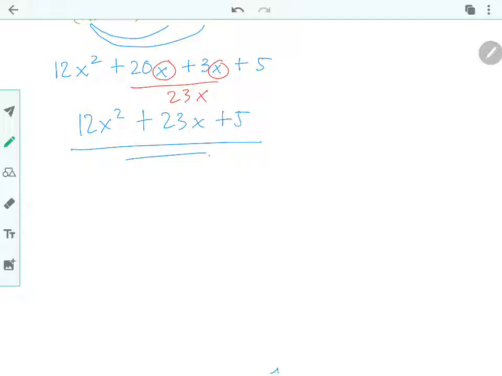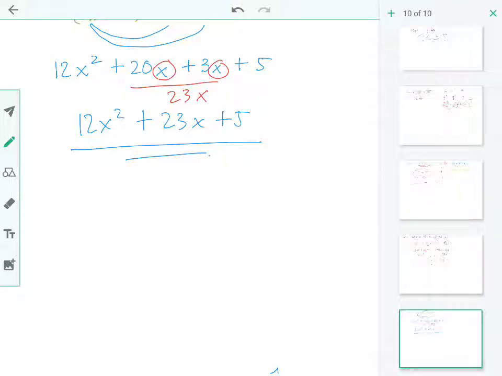Okay, now you can pause the video and look at the question again if you need some time to rethink about it. Before we go to the intermediate level, please make sure that we already understand the basic level. Okay, let's go to the next part.